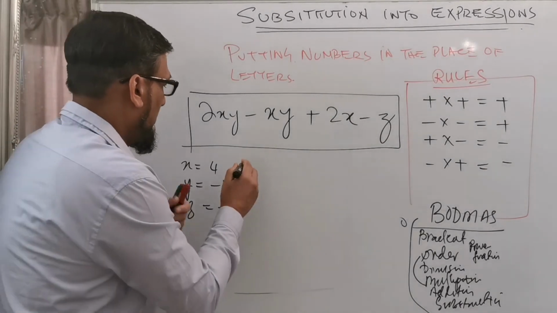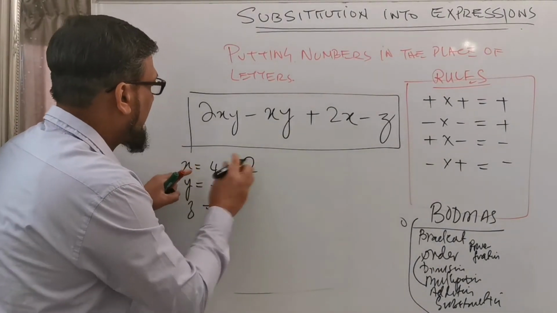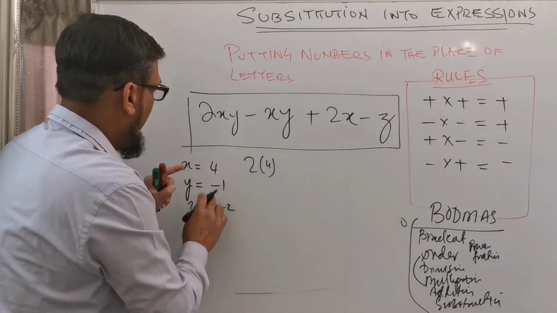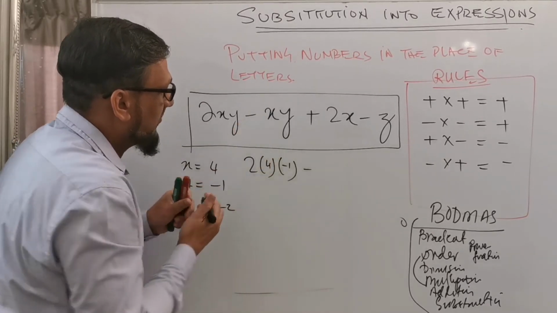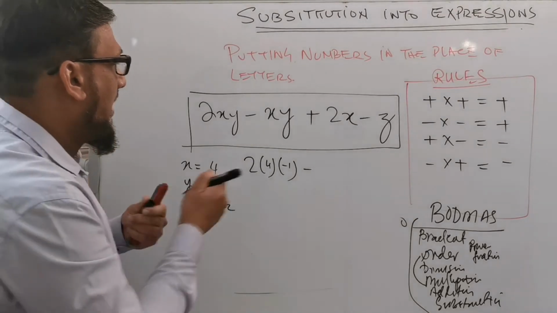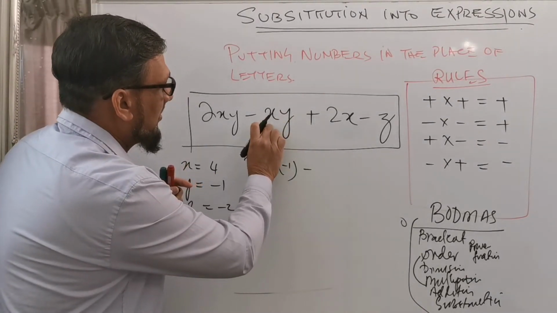So 2x means 2 times 4, and y means minus 1, and then the sign for the minus xy.